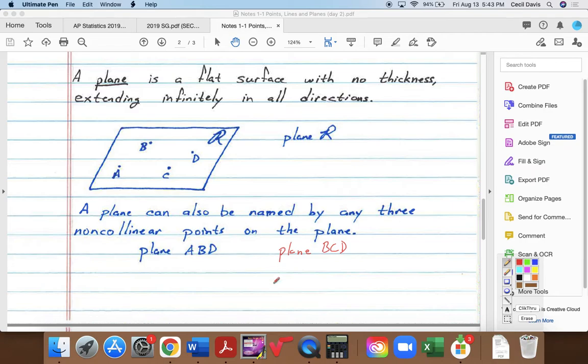I could call this plane CBD. It has to be 3 points if you're going to do it this way, and they have to be non-collinear. If they're all on the same line, it does not work.